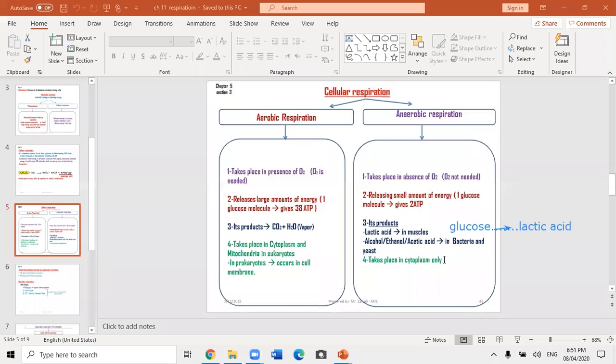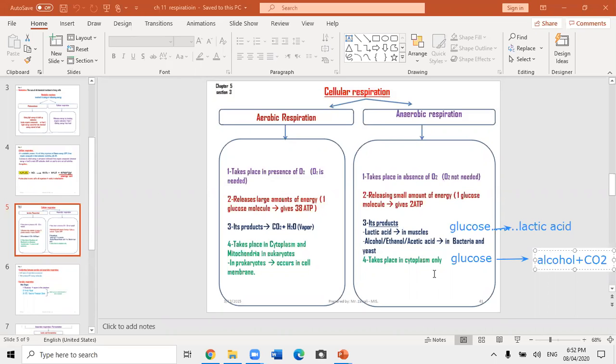Okay, so for anaerobic respiration, we can add here that in bacteria, glucose will be broken down into alcohol plus CO2.